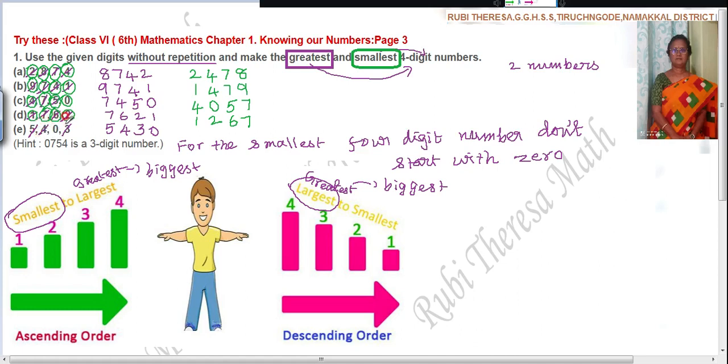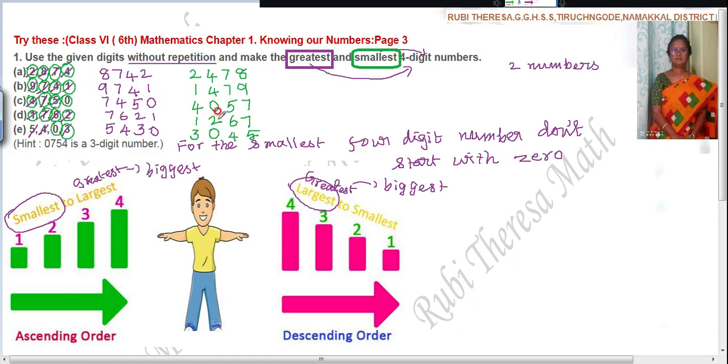Among these 3 numbers, which one is the smallest? 3 is the smallest. So after writing this, immediately what should you write? 0. Then as usual you do it. Next, which one is the smallest? 4. Next, 5. Do you follow?